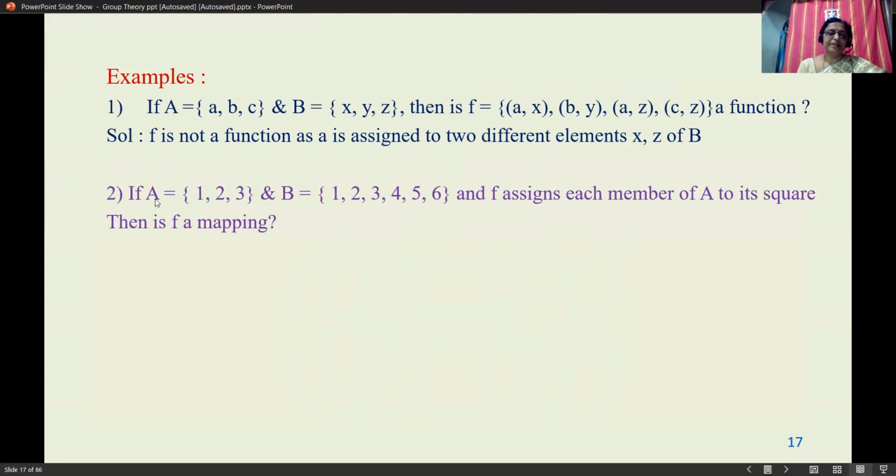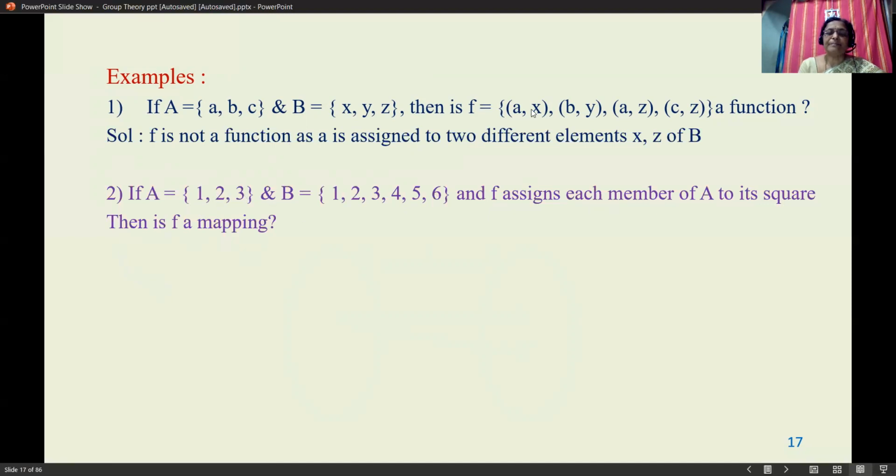Second example. If A is the set containing 1, 2, 3 and B is the set containing 1, 2, 3, 4, 5 and 6, and F assigns each member of A to its square, then is F a mapping? So for that you have to consider the first coordinates of function F as 1, 2, 3.